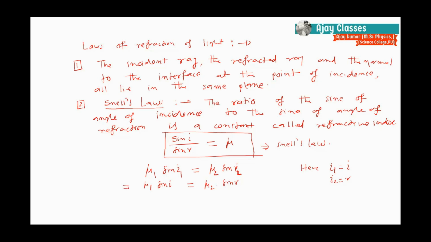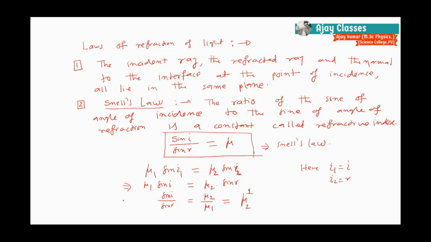Now this relation connects sin I and sin R. The ratio of sin I to sin R becomes equal to the ratio of the refractive index of the second medium to the refractive index of the first medium. So this formula is equal to another constant, and it tells us the light has entered the second medium of refractive index mu2 coming from the first medium mu1.